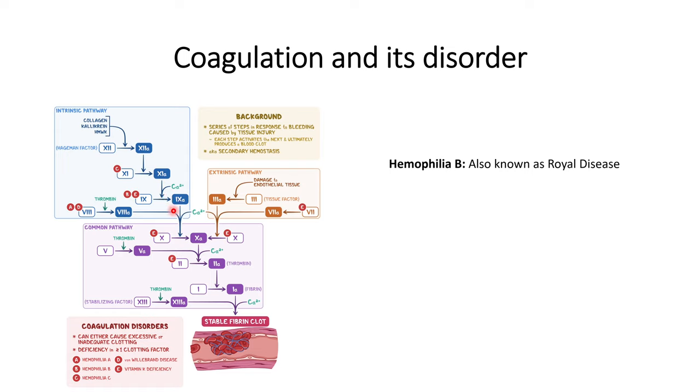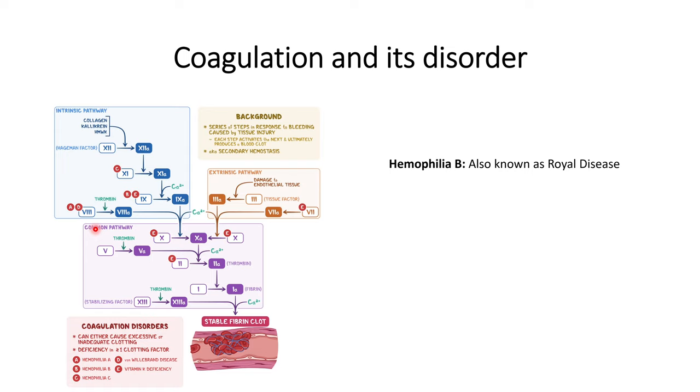Factor 9 will activate factor 9A, and the absence of factor 9 leads to hemophilia B and vitamin K deficiency, as to activate factor 9 to 9A, vitamin K is also required. This factor 9A will lead to the activation of factor 10.